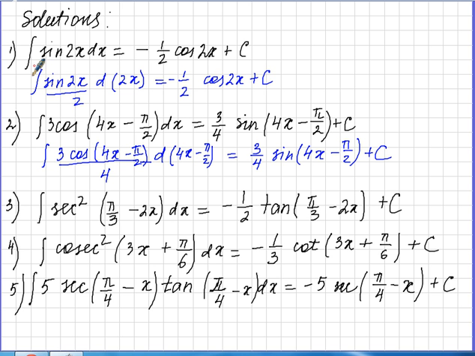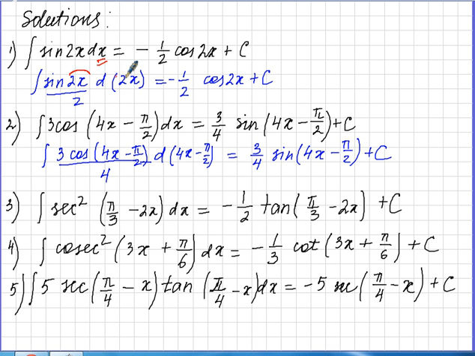I have promised you a different method of solving these questions, and this method is called the substitution method. Here is my example again, sine 2x dx. Since my argument here is 2x, I can change my variable. Once differentiated, I should divide by 2 to compensate for that 2 that will appear after differentiation.